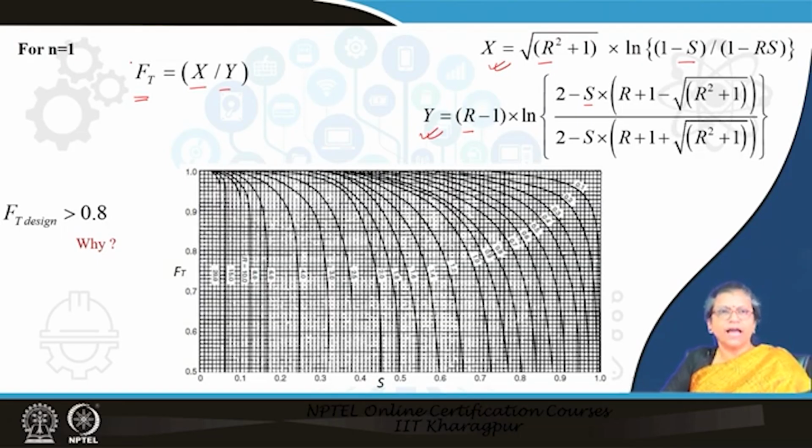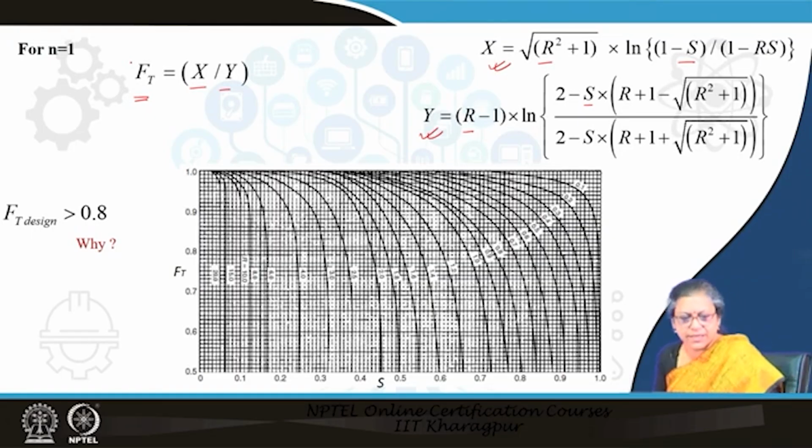So naturally, if we go for a lower and lower Ft, definitely we are deviating more and more away from counter flow. We would not want that. But normally we do not go below Ft equals 0.8. It is not only that when we go to lower values, we end up with an exchanger with a larger area. This is not the reason for this.